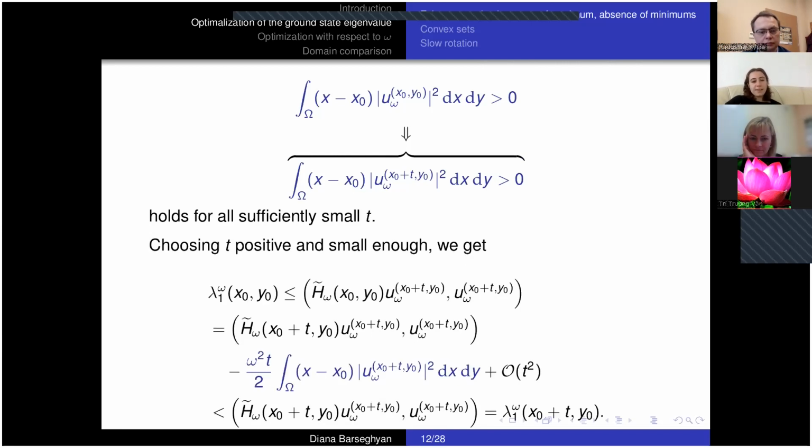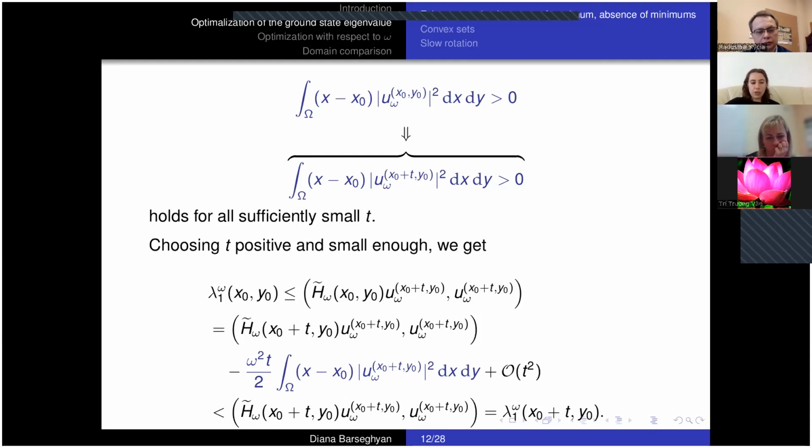Next, please. And now we choose a positive t, small enough. Now we try to estimate this ground state eigenvalue from above. And again, using the minimax principle, this ground state eigenvalue can be estimated from above via the quadratic form of the unperturbed operator applied at u, x0 plus t, y0.